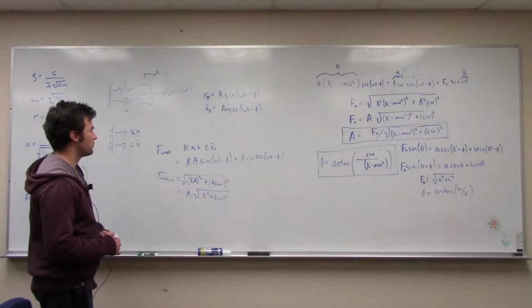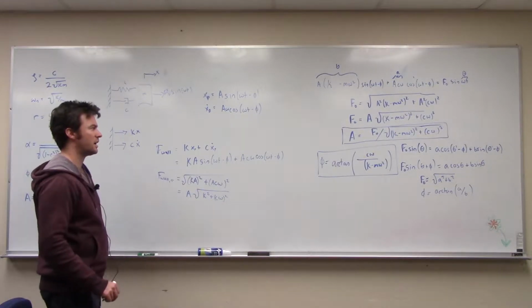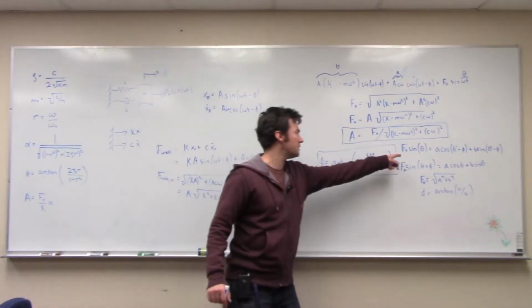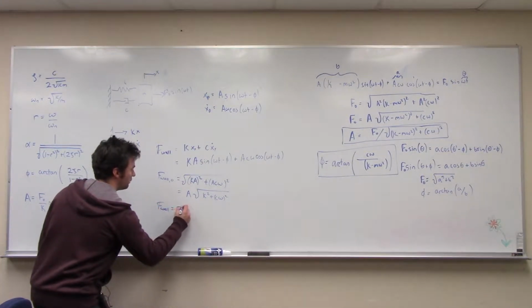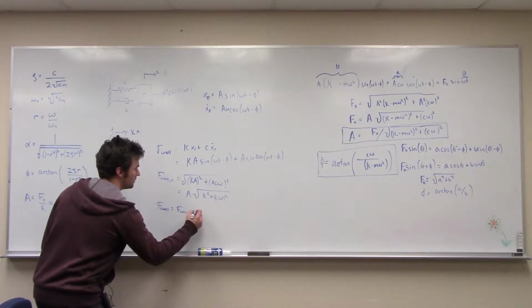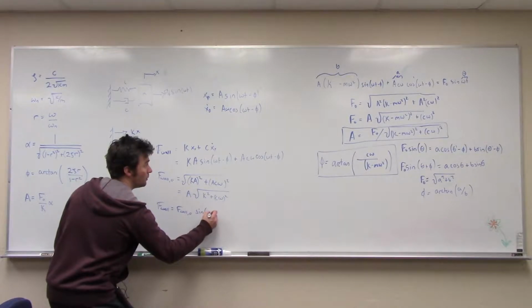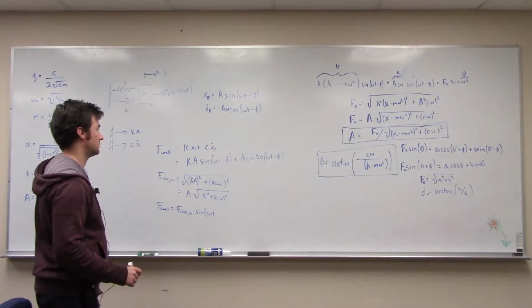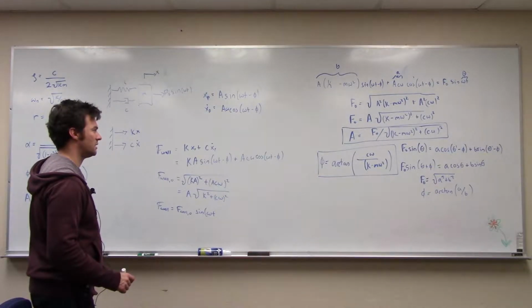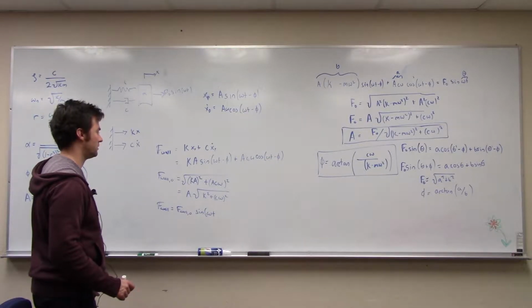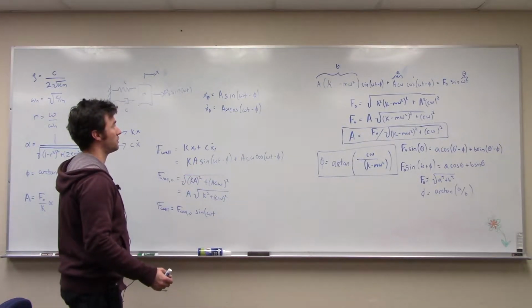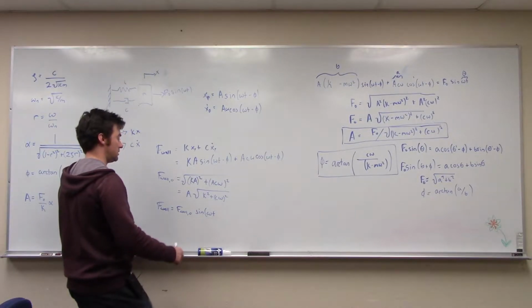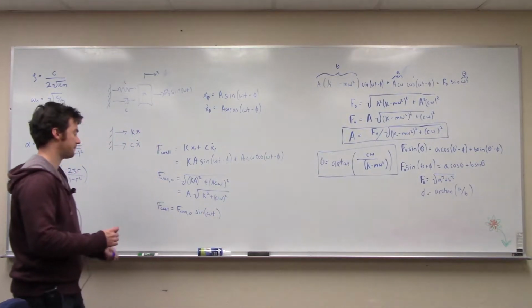So the total force on the wall is F wall naught times the sine of omega t. In general we could have some additional phase, but it was of that form, so just sine of omega t.